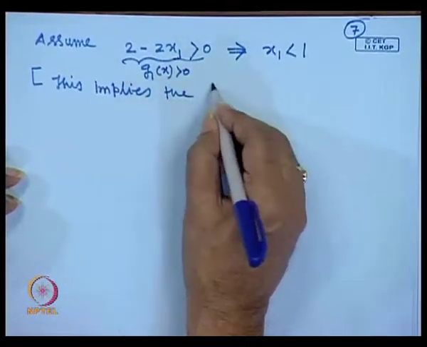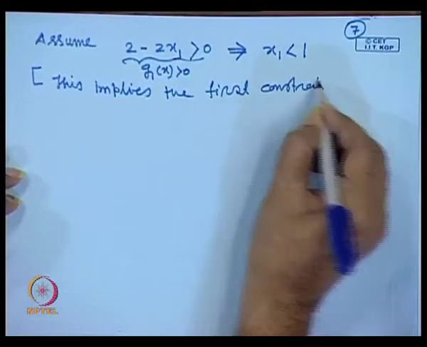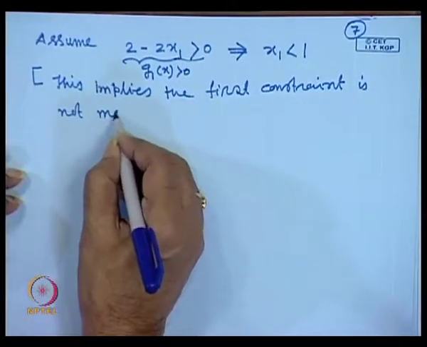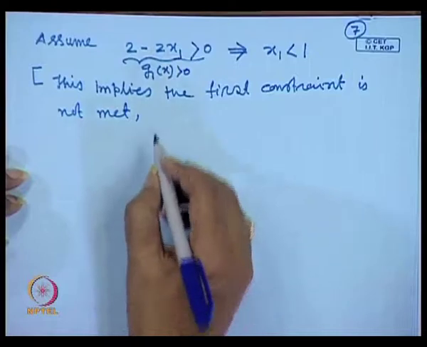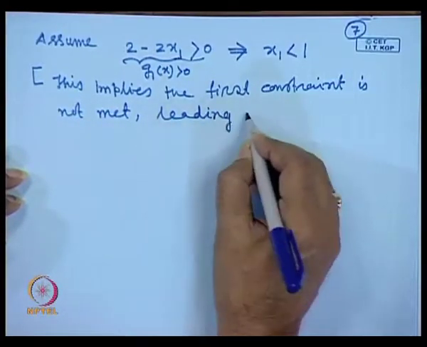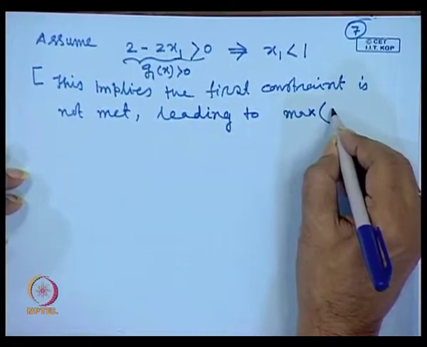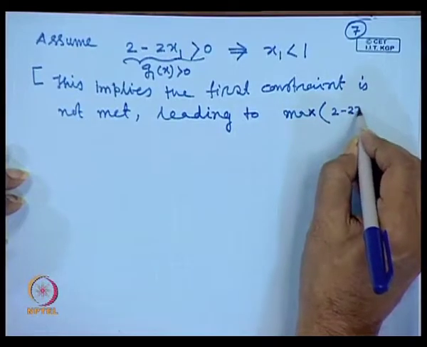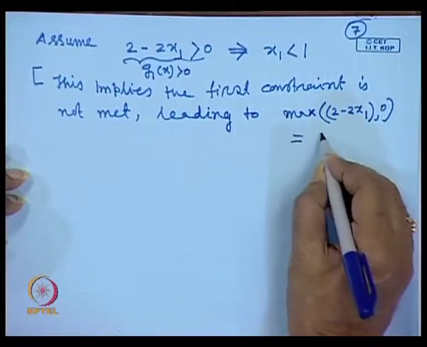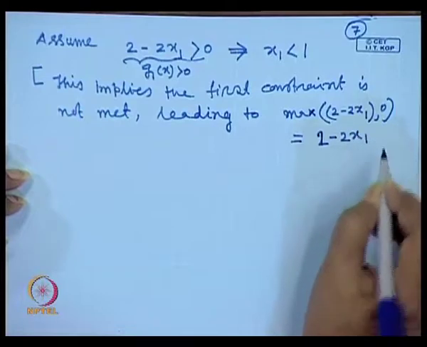So, this implies that the first constraint is not met, and this leads to max(2 minus 2 x 1, 0) is equal to 2 minus 2 x 1.